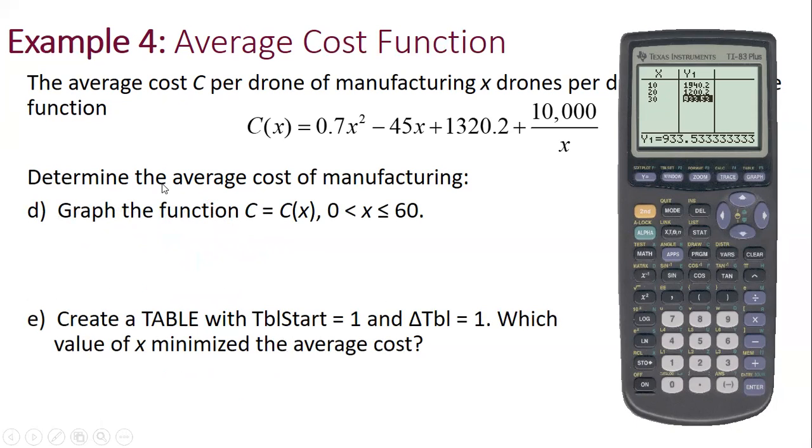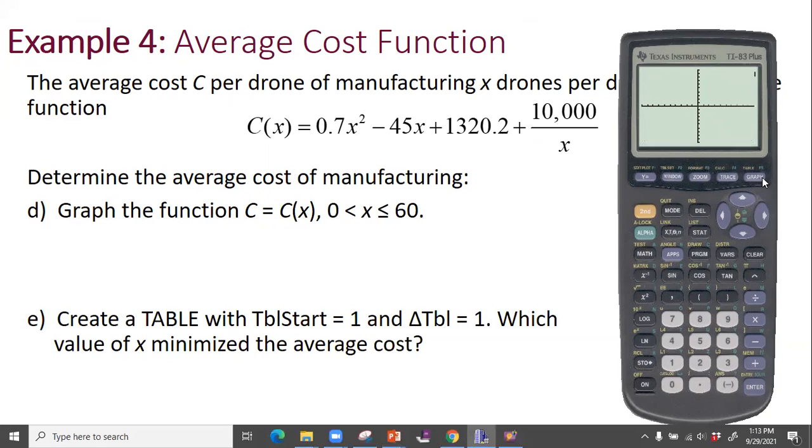So now it says to graph the function. Well, I've already set myself up for success, right? I've already put it into the y equals. So if I want to graph this, it wants to know what restrictions do I have? So I want to graph only from 0 to 60. So if I'm setting a restriction, that means that I'm changing the values of my domain.